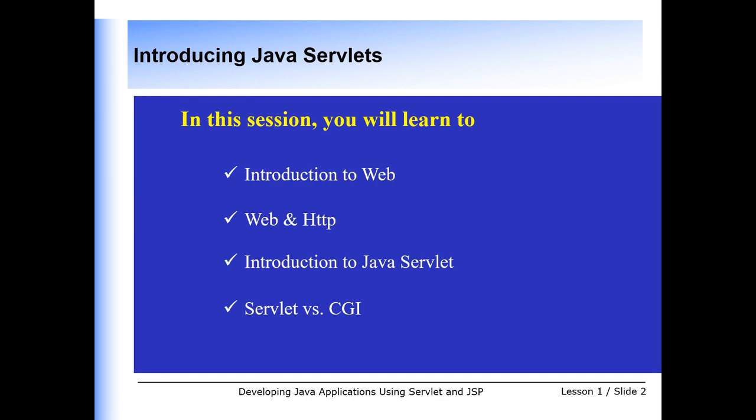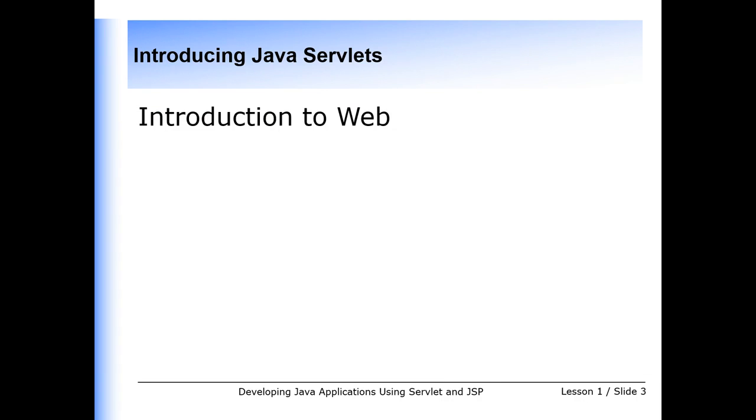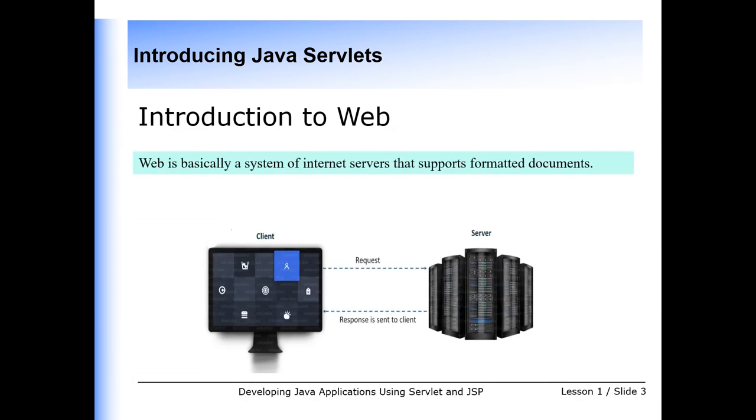CGI. So, first and foremost, I will talk about the World Wide Web, meaning the introduction to web. What is web? Web is basically a system of internet servers that supports formatted documents.